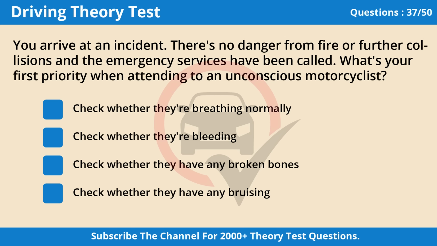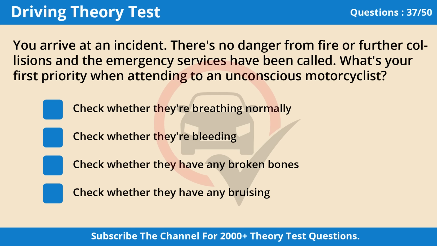Question 37. You arrive at an incident. There's no danger from fire or further collisions and the emergency services have been called. What's your first priority when attending to an unconscious motorcyclist? A. Check whether they're breathing normally. B. Check whether they're bleeding. C. Check whether they have any broken bones.